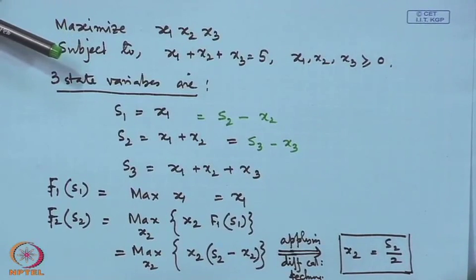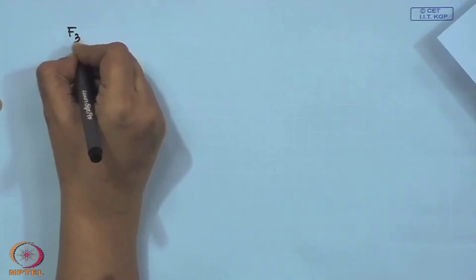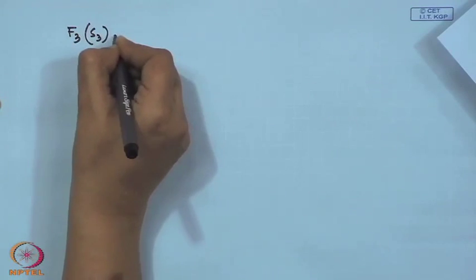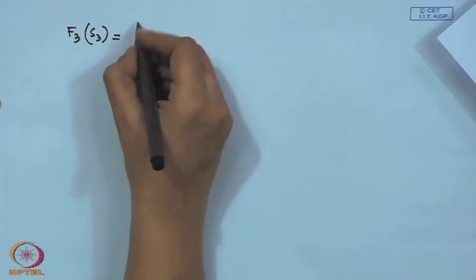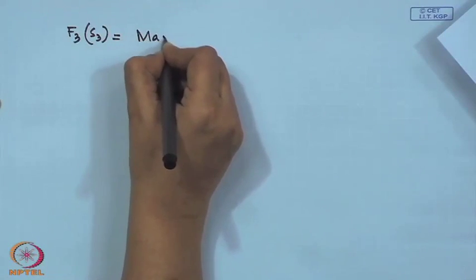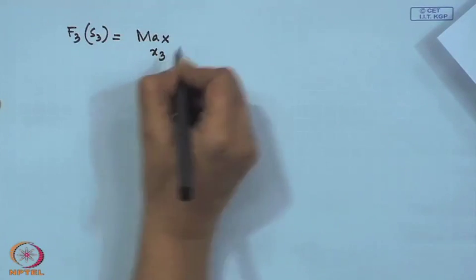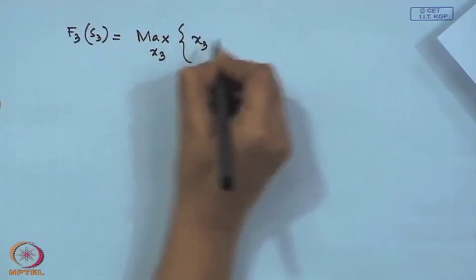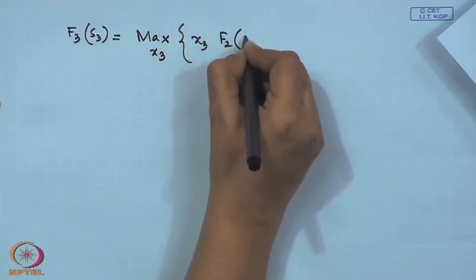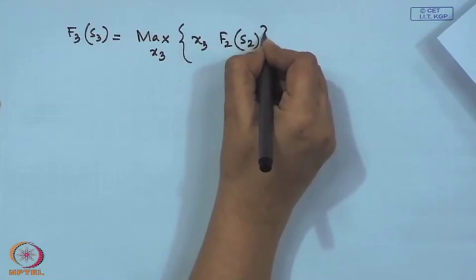Now we will move to the next stage, and as we know the principle of optimality, it says that if I move to the next stage, that is f3 s3, then the recursive process is maximization over x3 of x3 times f2 s2.